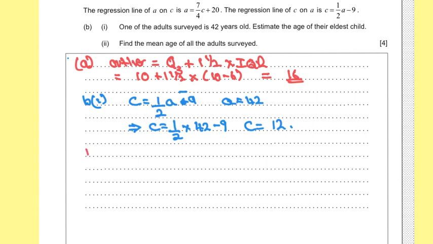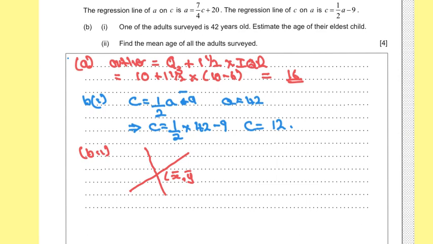In B part 2, you've got to realise that the two regression lines meet at x bar, y bar. At that point, they are equal.